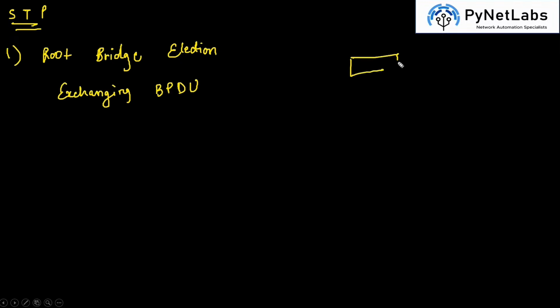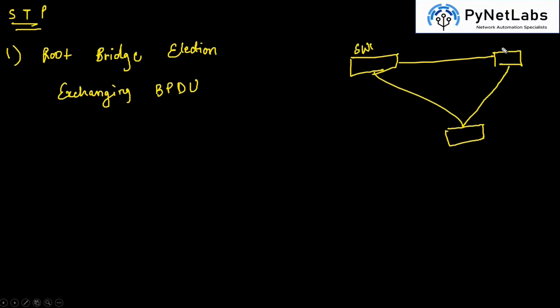So let's just take the previous topology, and let's assume this is switch 1, this is switch 2 and this is switch 3. Now the MAC address of switch 1 is 4 times 1, 4 times 2 for switch 2, and 3 3 3 for switch 3.